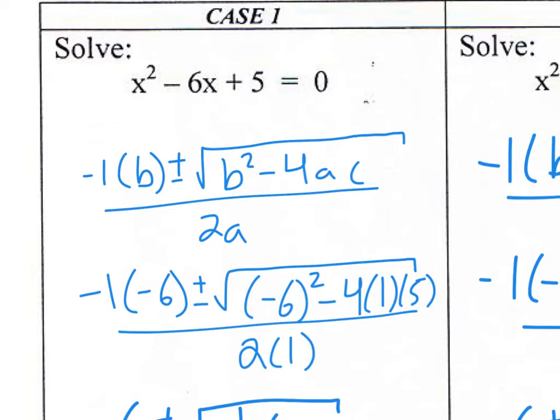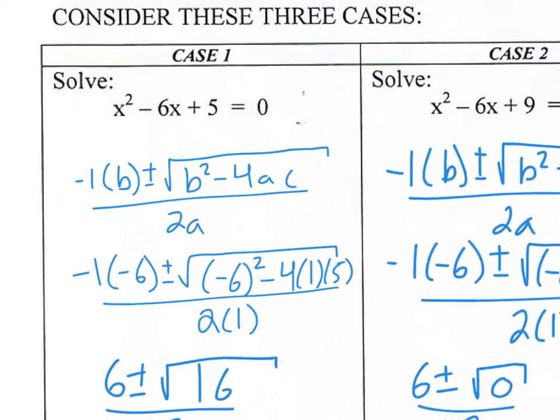So if we use the quadratic equation in these three different examples, we're going to be able to solve for the roots. The first one is x squared minus 6x plus 5. Here I filled in my values of a, b, and c. That's all I did, I replaced those values.